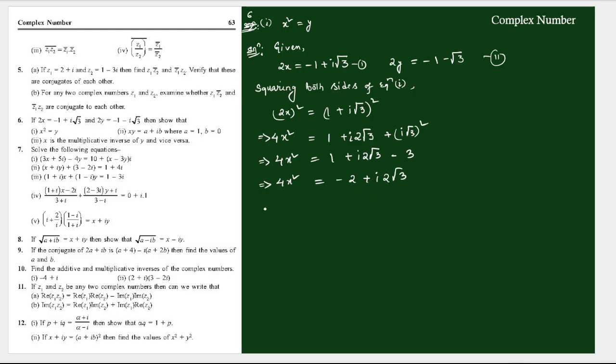Okay, we can divide both sides by 2. Then we will get 2x square equal to minus 1 plus i root 3. We have to be very careful.